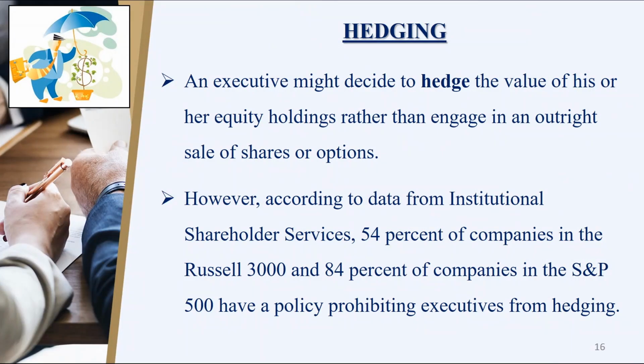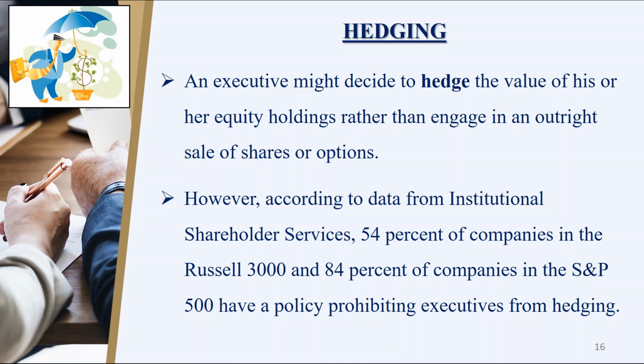Now we will discuss the eighth topic of this chapter, which is hedging. Hedging here is protecting against the risk associated with the investment in a particular share by the executives, and they basically take a short position, which means short selling the company's shares by buying put options on company stock.